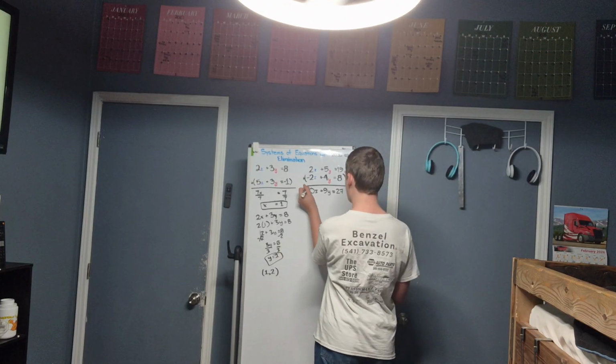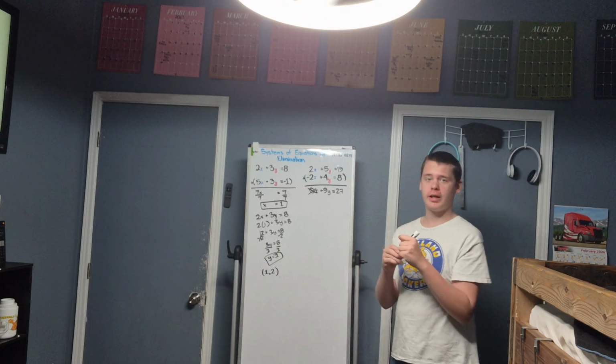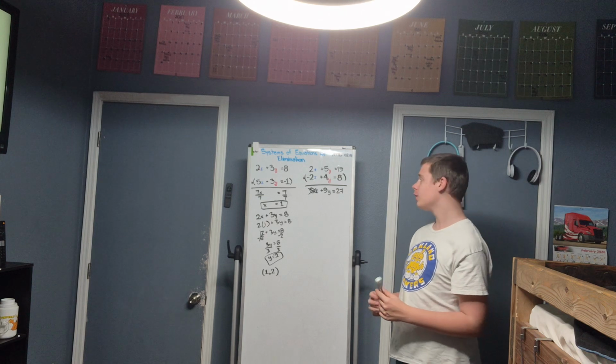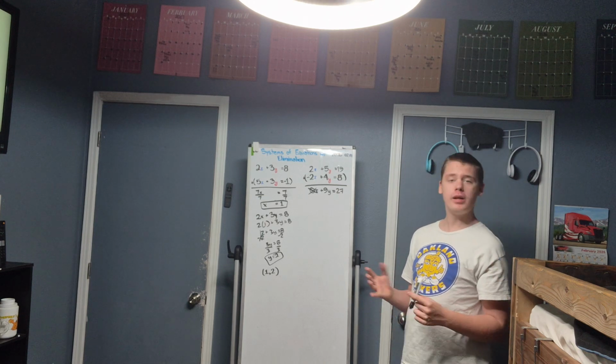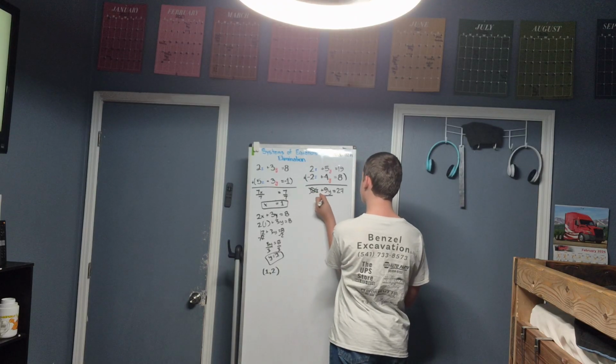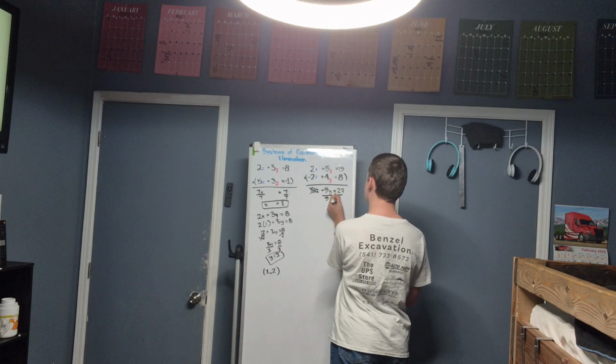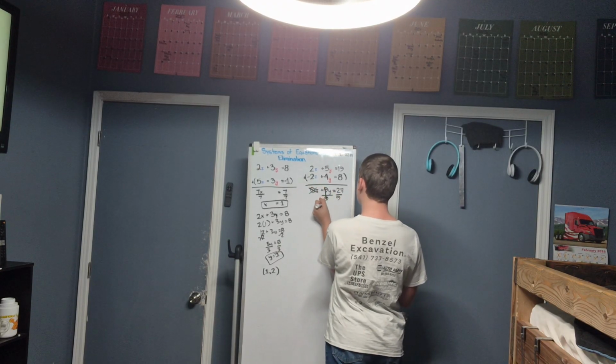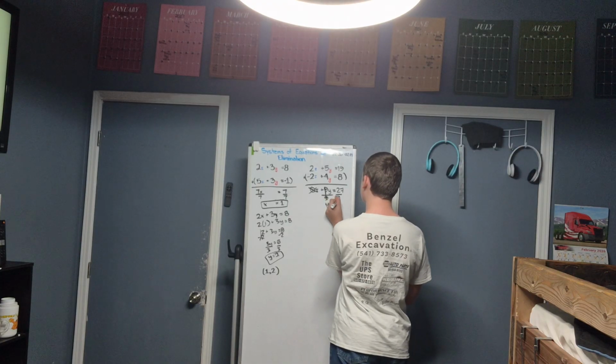We don't have to worry about the 0x because 0x is not part of our equation anymore. So what we're going to be doing is that we're going to divide by positive 9. Now I have y equals 3.